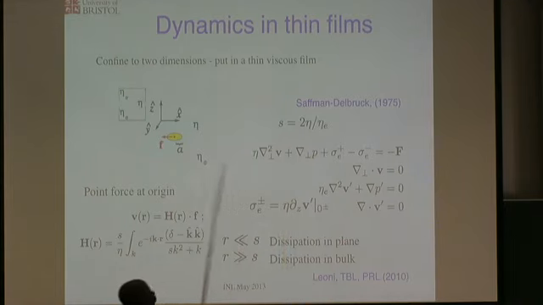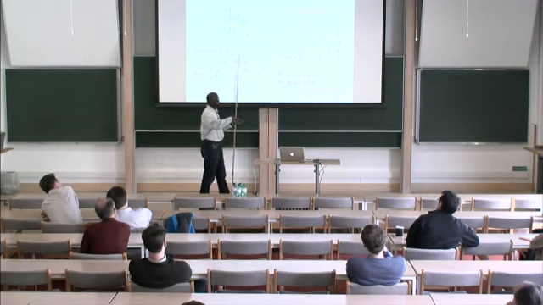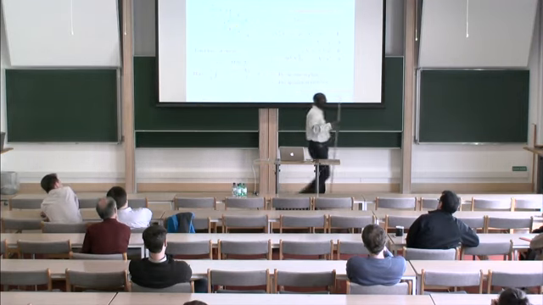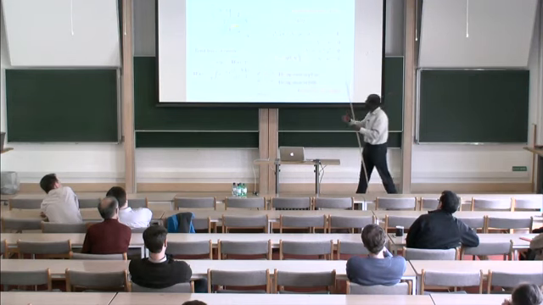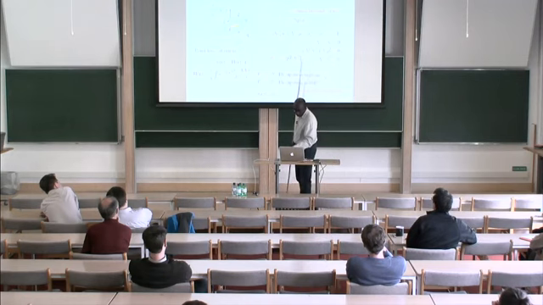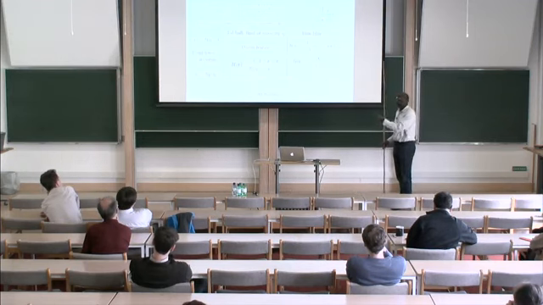So one of them is a two-dimensional viscosity, the other one is a three-dimensional viscosity. So on length scales small compared to this, the dissipation is in plane, kind of reasonable, whilst on length scales large compared to that, the dissipation is in the bulk. And so we can compare what happens in the film to what happens in the bulk.